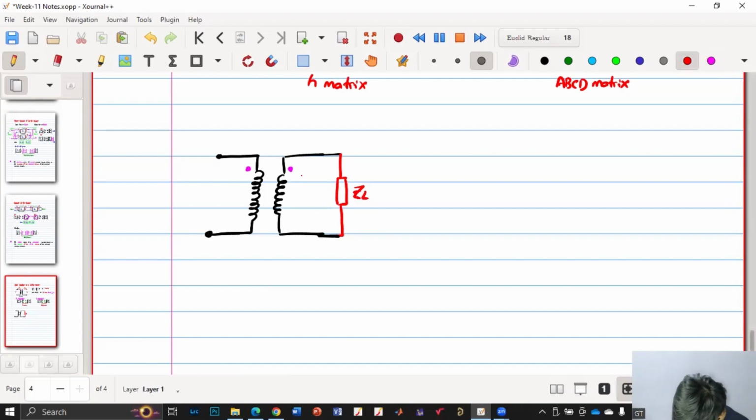And say this is my plus minus V1, this is I1, this is I2, and this is plus minus V2. Okay. So now we want the impedance when we look from here. So when we look from here, what is the impedance? Sorry, I think I should draw it the other way.